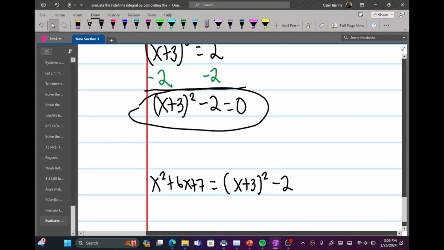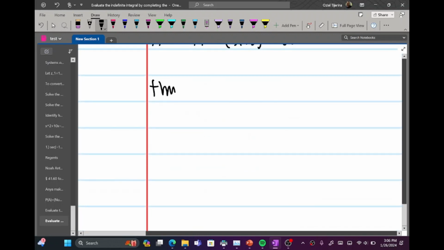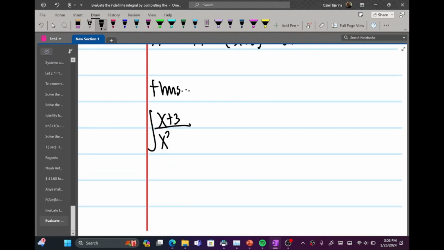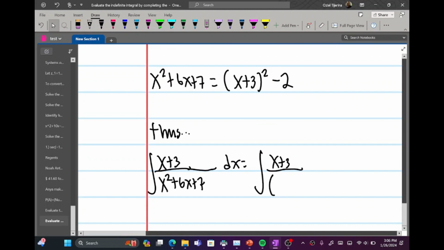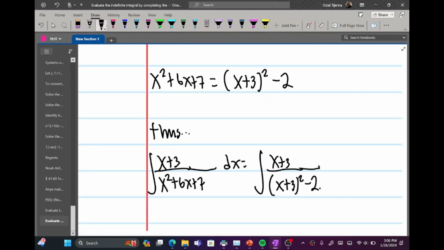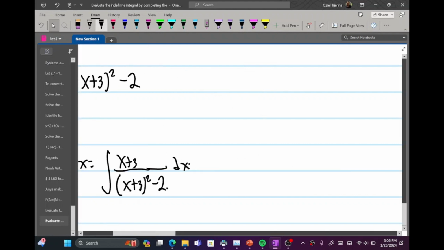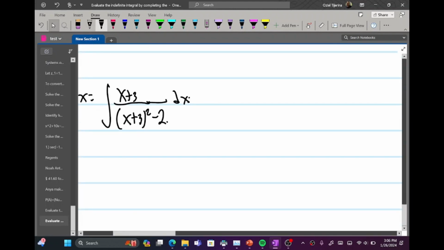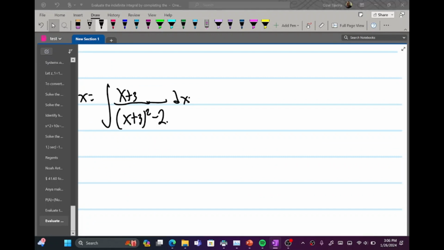So therefore, the integral of x plus 3 over x squared plus 6x plus 7 dx is equal to the integral of x plus 3 over the quantity x plus 3 quantity squared minus 2 dx. So now we have it in this form, guys. That is the algebra part of this. And yes, this is a lengthy problem. I do apologize.